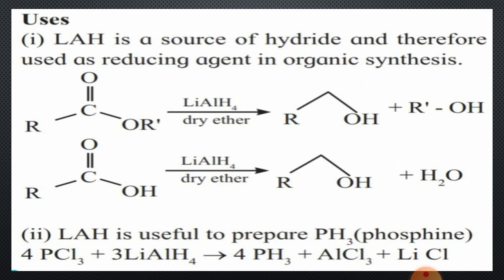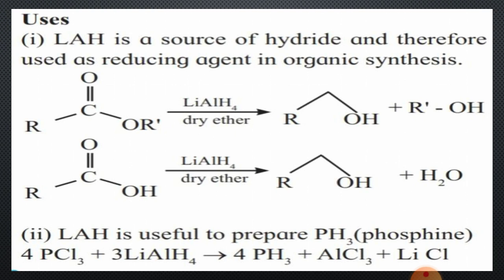Similarly, with acid, when we carry out the reaction with the reducing agent lithium aluminium hydride in the presence of dry ether, it converts acid into alcohol. Fine. So remember, lithium aluminium hydride is a source of hydride, so we use it as a reducing agent in various organic syntheses.